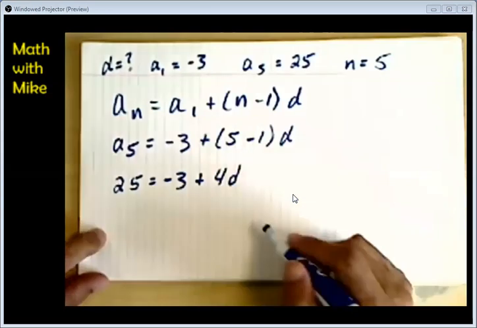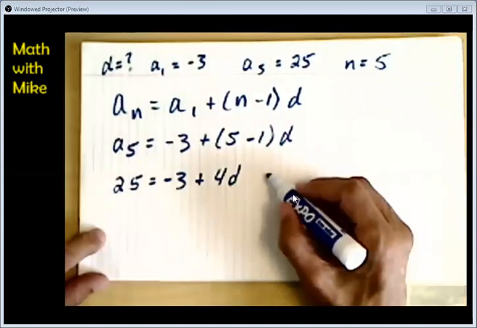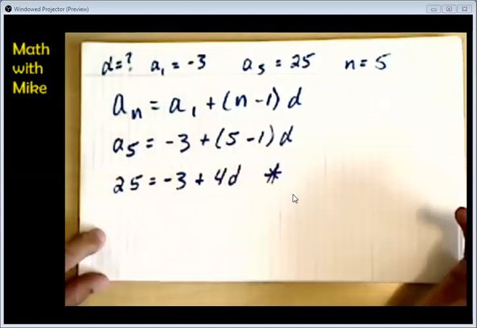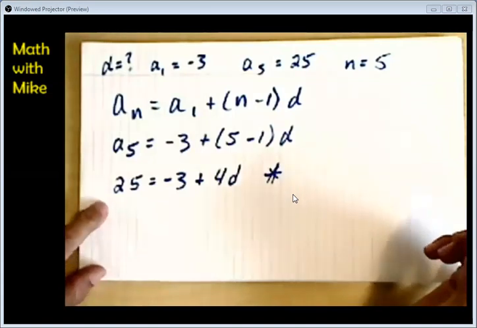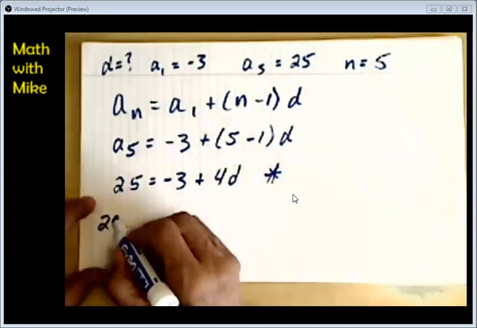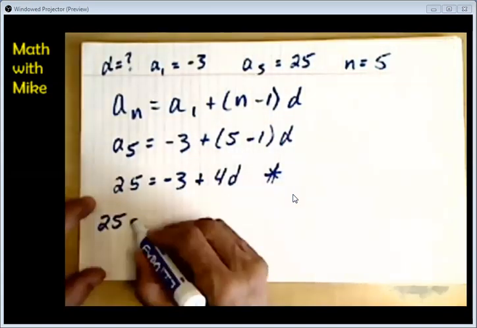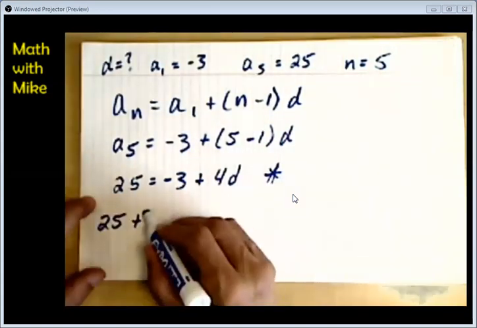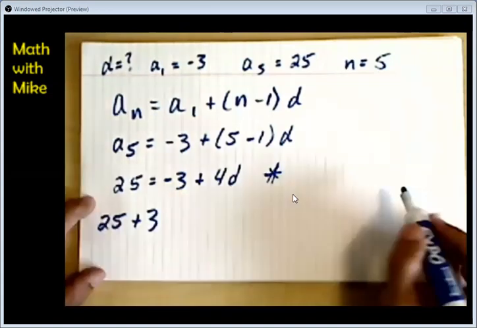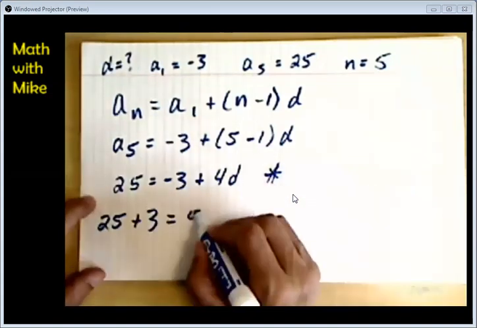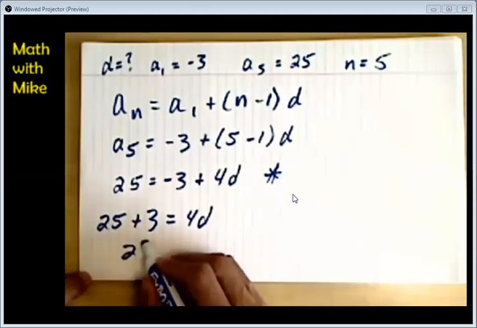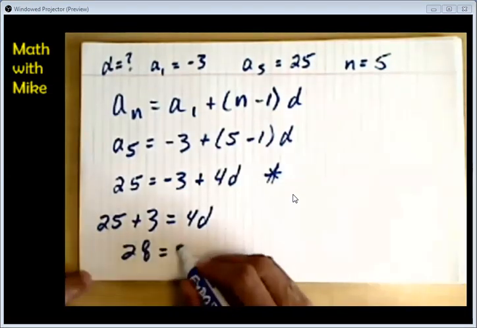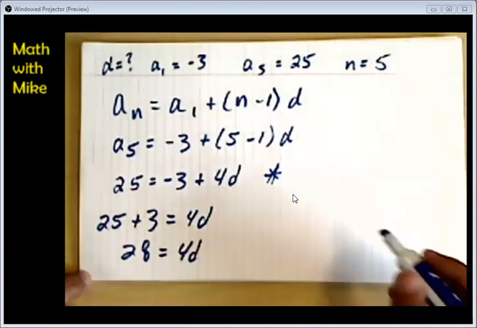So now the solving part. I'm going to take the 3 to that side. It's negative there, so it'll become positive over there. So 4D is equal to 28.